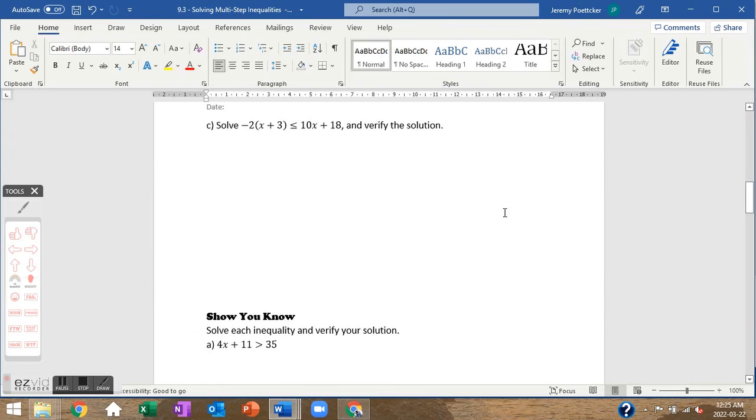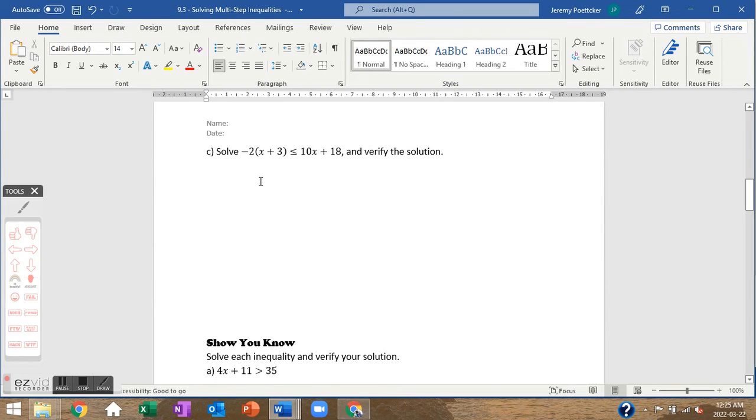All right, this is the worst of them, really. We've got some distributive property stuff. We've got variables on both sides. It's just kind of horrendous, but it's really not that bad. You can do this. There are a couple ways we can do this one.